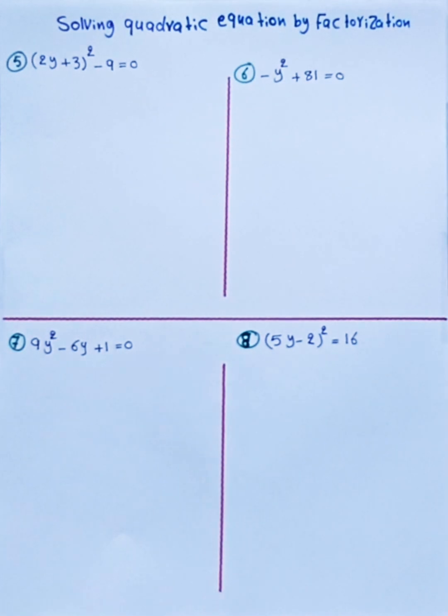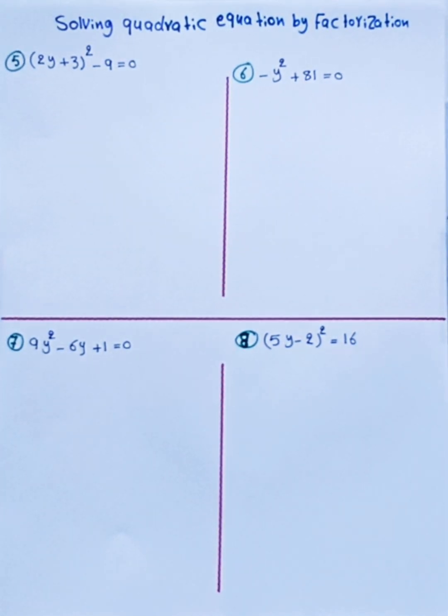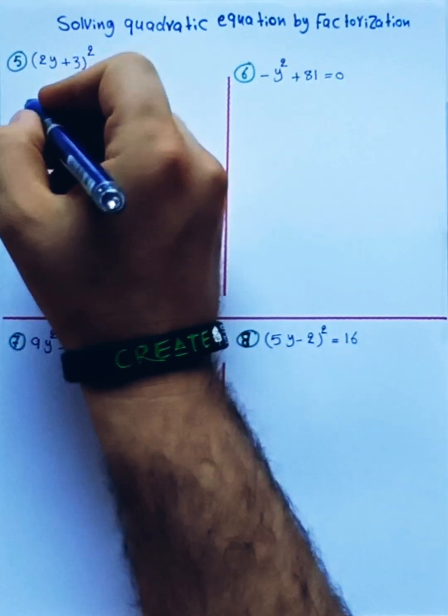Example number 5, you have 2y plus 3 to the power 2 minus 9 equal to 0. This is the difference of two squares, so we can write the rules for difference of two squares.